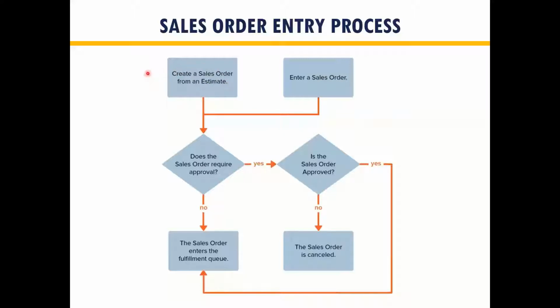And so if you have an estimate process, so you want to send an estimate, also known as a quote, to your customer, and that customer approves the estimate and says, yes, I want to do that, then you can convert from an estimate to a sales order, and it'll automatically transfer all of the information over to the sales order. So then the next step down the flow here is, does the sales order require approval?